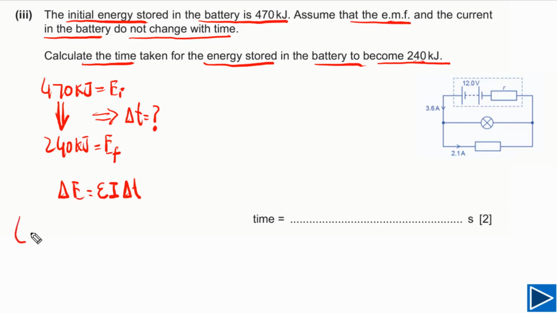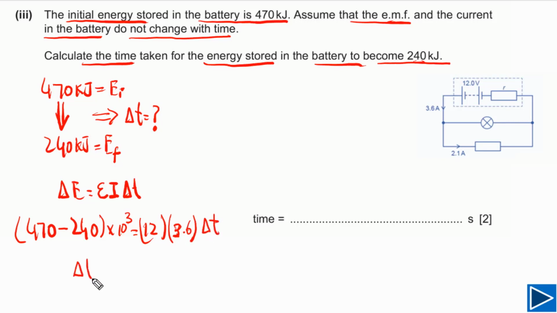We can simply subtract 240 from 470, so 470 minus 240, multiplied by 10 to the 3. The EMF of the power supply is given, that is 12, and the current passing through the power supply is also given, that is 3.6, and we simply need to find delta T. If we solve for delta T, our final answer will be 3935 seconds.